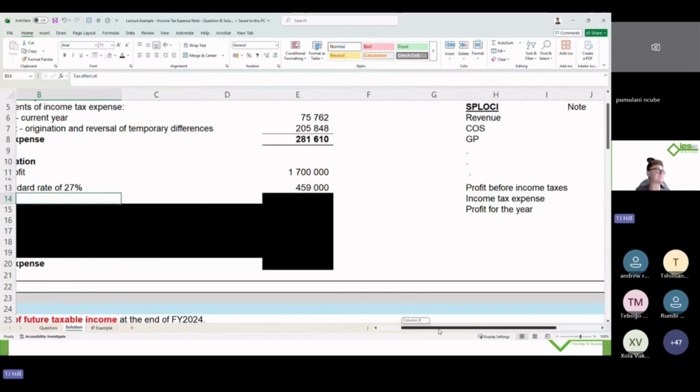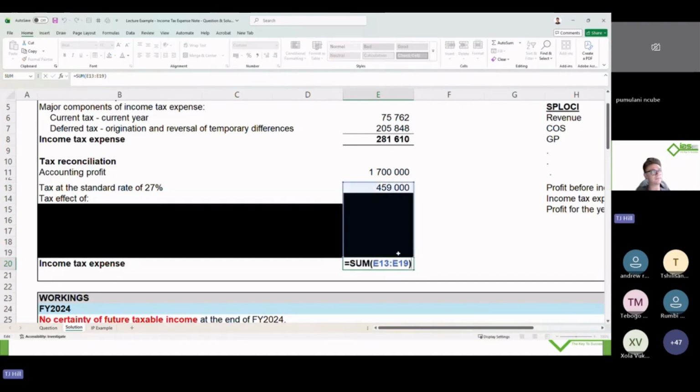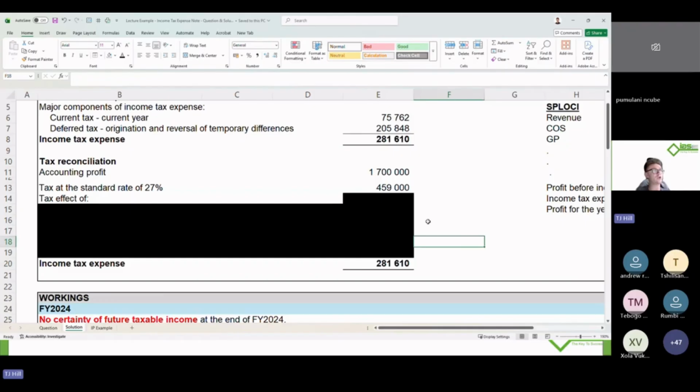Happy. Great. Now we need to explain to them, but the first question is, what are we trying to achieve? I just told you that we must go from this number to that number. How do we get there? What caused the difference? That's the question we need to ask ourselves. Why is that number not the same as that number?